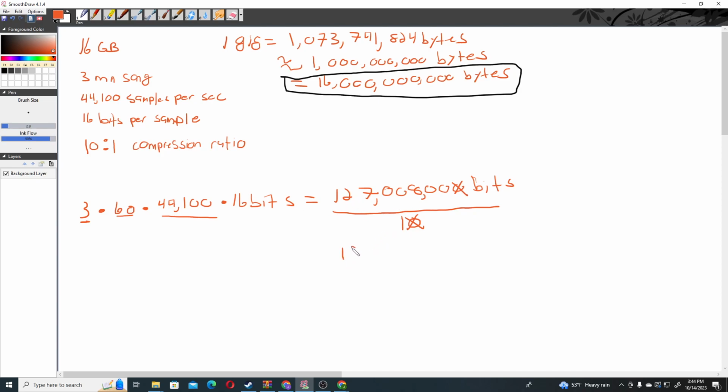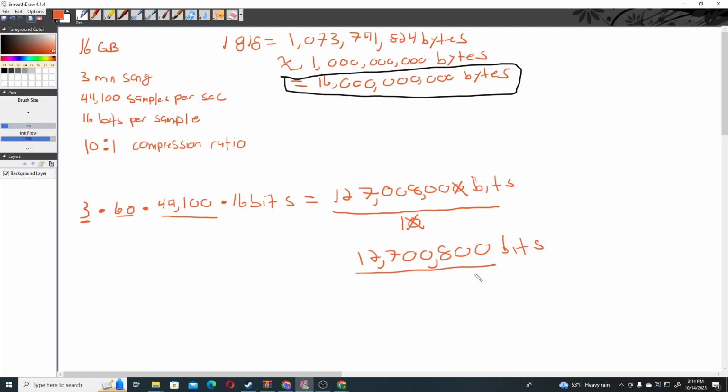Let me just rewrite the number and then I'll put in the commas. 127,008,000. 12,700,800 bits is stored on our hard drive. So we're going to divide that by 8. Nope, not by 10.